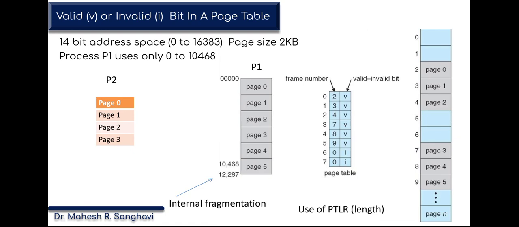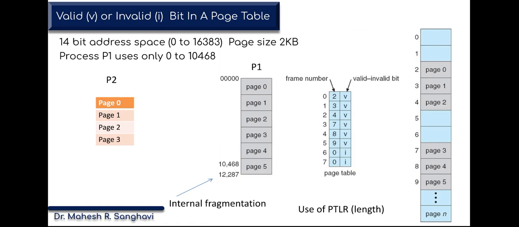If you observe this diagram, it is quite clear that this is the page table, and there are multiple processes or pages coming. If you observe here, the last two entries are I, and everything else is set to V. V means valid and I means invalid. So one more bit is added here.